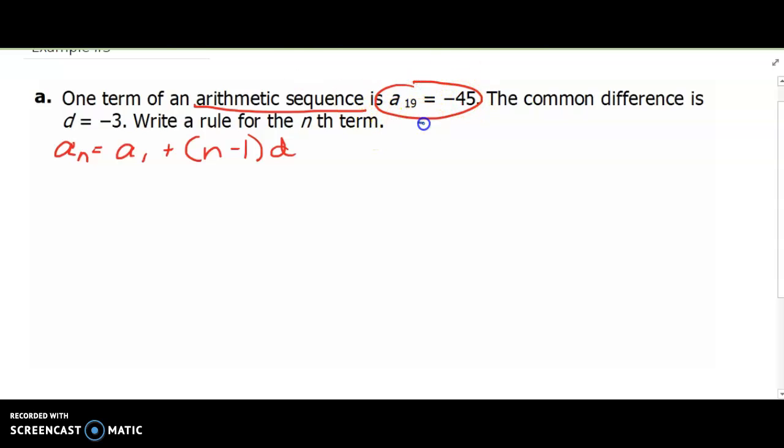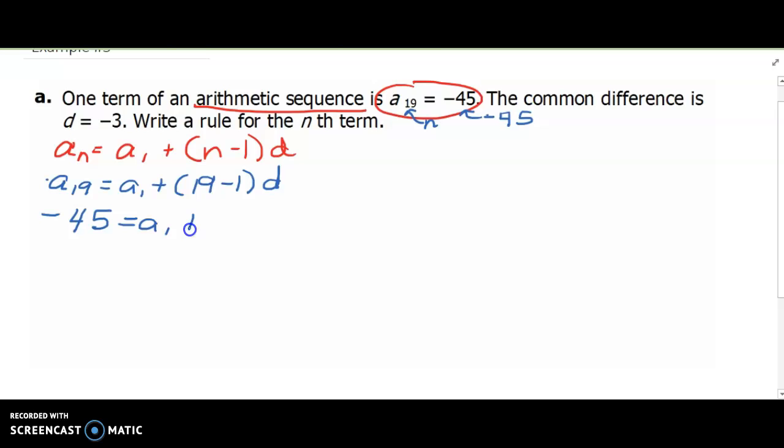So when we plug in 19 for n, our outcome would be negative 45. So I could put a sub 19 equals a sub 1 plus 19 minus 1 times d, and I know my a sub 19 is negative 45, so negative 45 equals a sub 1 plus 18 times d.